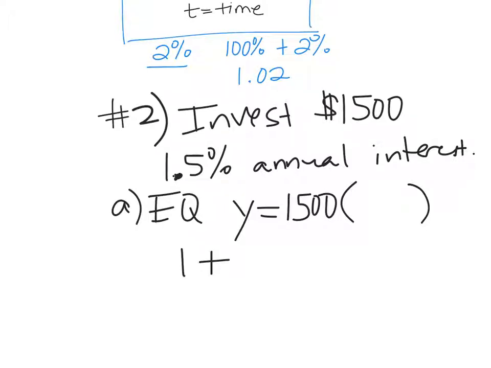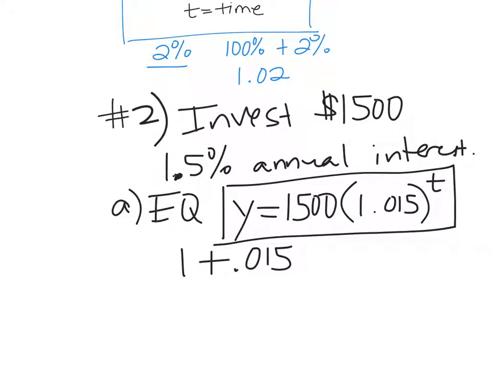We need to change that to a decimal. Do you remember how to change a percent to a decimal? Yes. Move it two places to the left, sorry. And then move it over to the left, and you get 1.015 to the t. So that would be the equation that we're going to use to solve these problems.